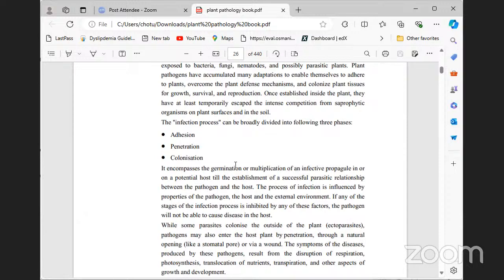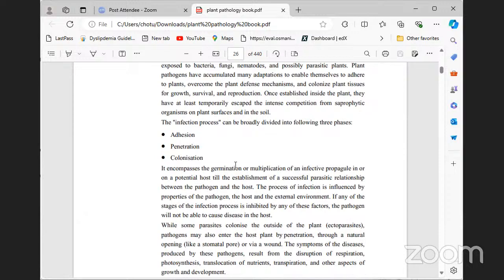If at any stage the infection process is inhibited by any of these factors, the pathogen will not be able to cause disease in the host.